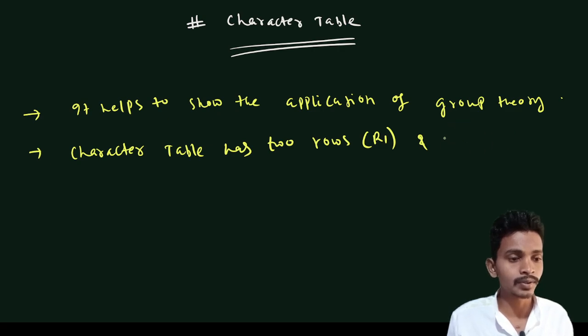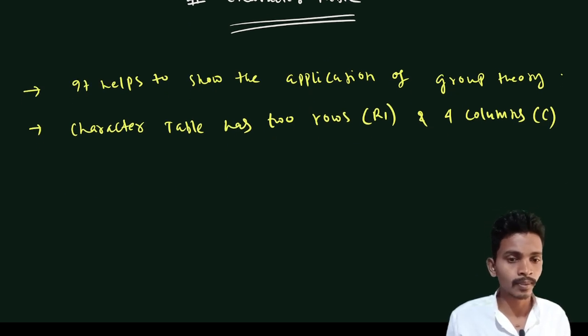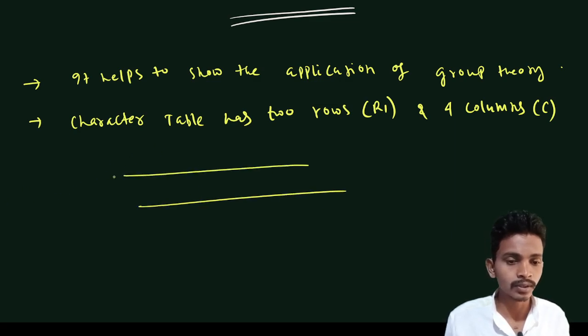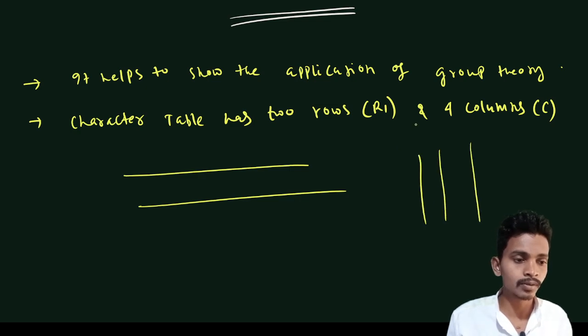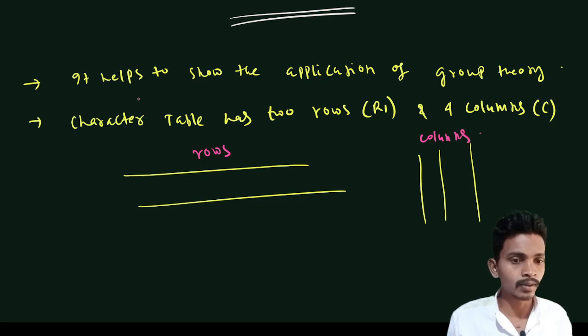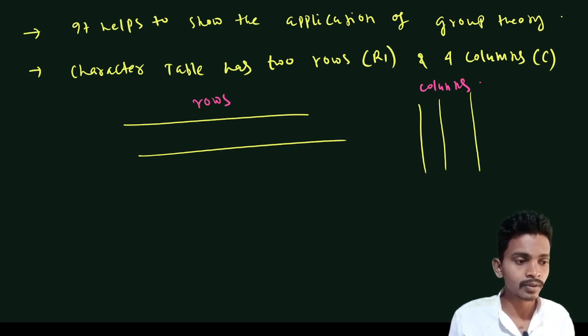Sorry, these are rows and these are columns. So how does a character table look? It has two rows and four columns.